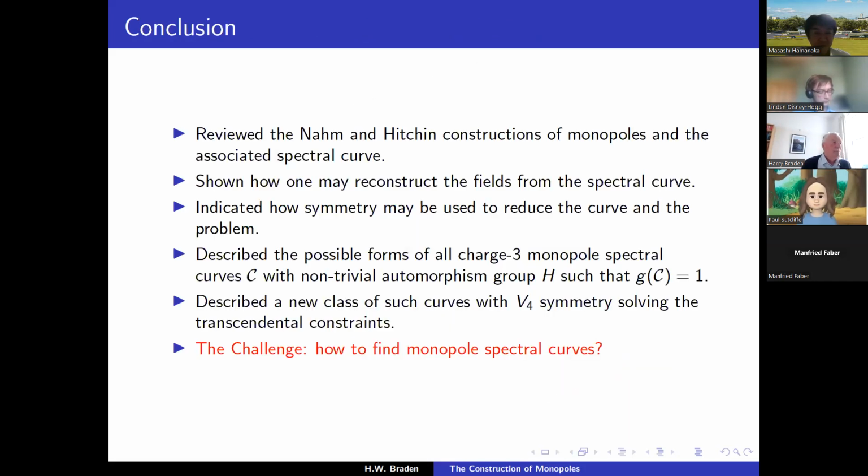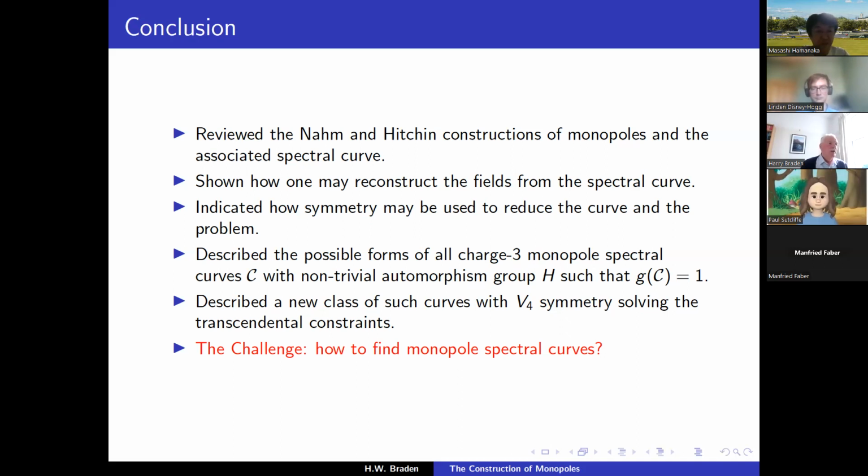So let me just conclude. I've reviewed the Nahm and Hitchin constructions of monopoles and given their associated spectral curve. For me, the spectral curve is the critical thing. I've shown how you can reconstruct the fields from that. I've indicated very briefly how you can use symmetry to reduce the curve and the problem that you have.